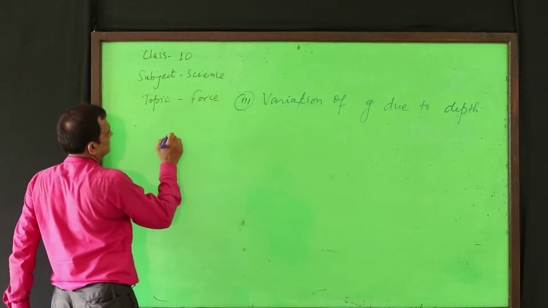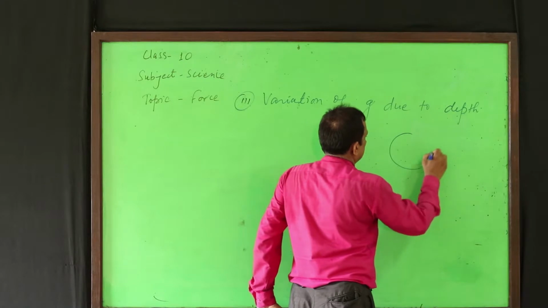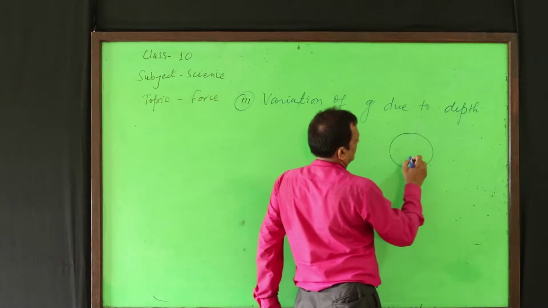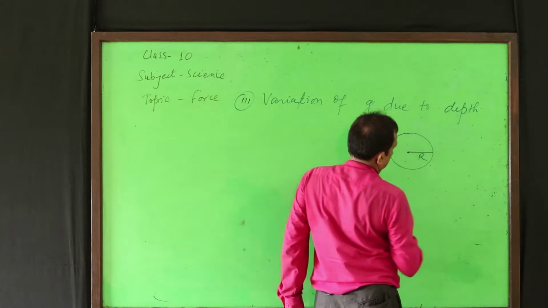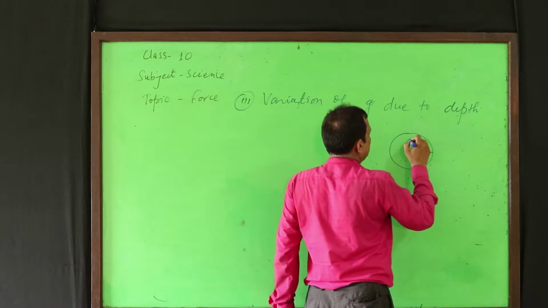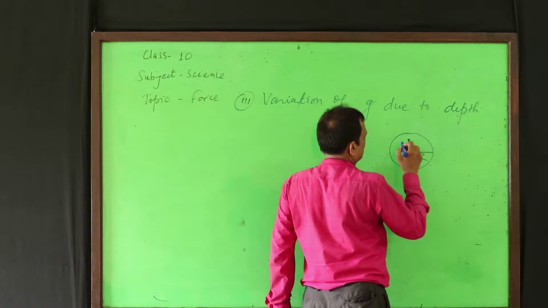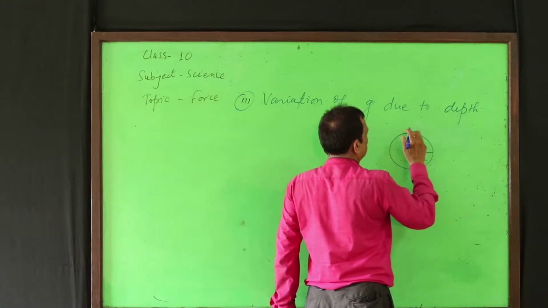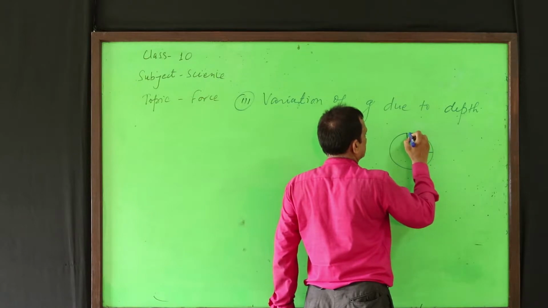Suppose that this is the earth. This is the radius of the earth. But we have to find the value of small g here. It means this is the depth from the earth's surface.